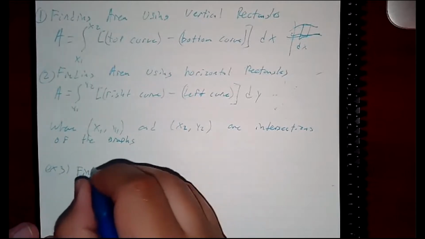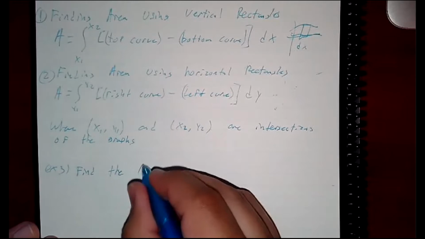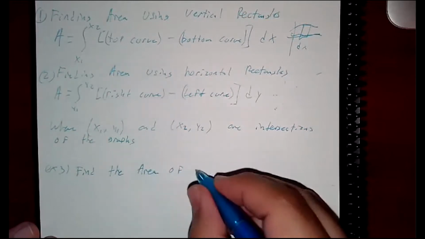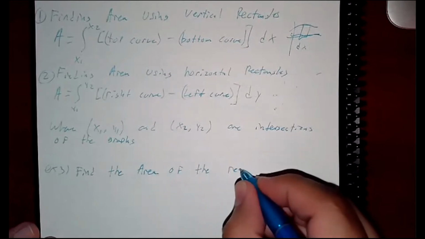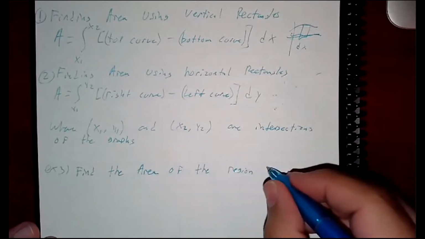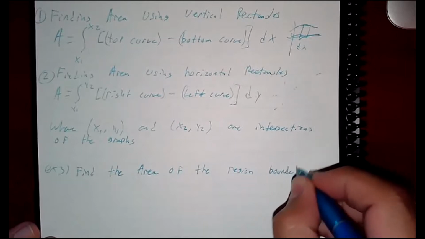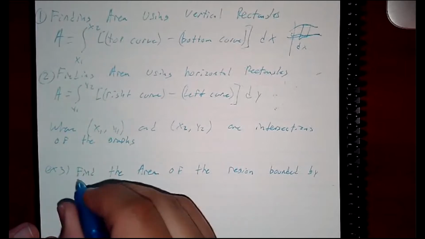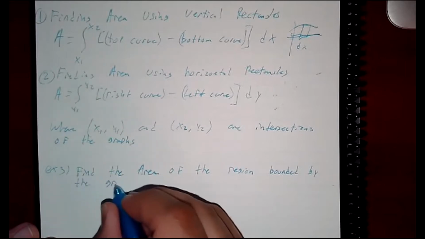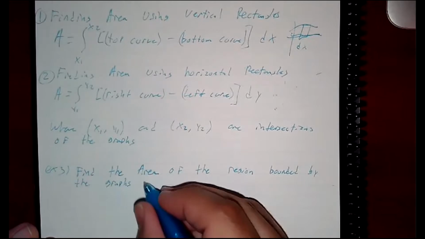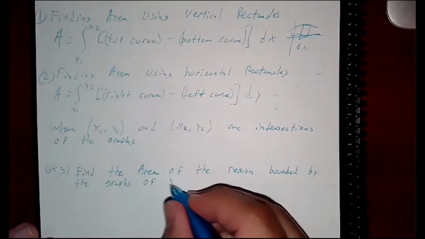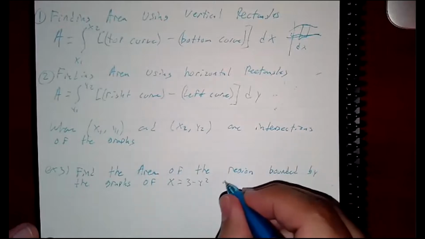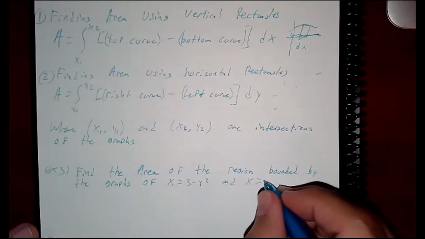Find the area of the region bounded by the graphs of x equals 3 minus y squared and x equals y plus 1.